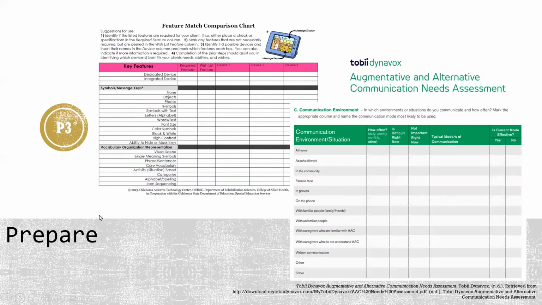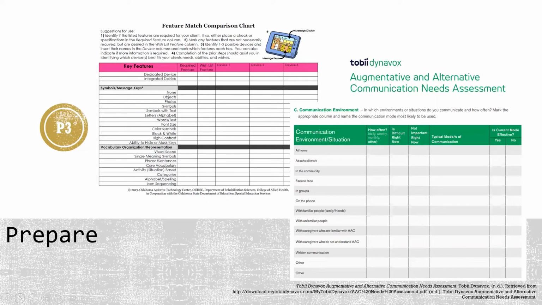So let's go a little bit more into that. There are a lot of feature matching comparison charts. And the idea here is that we want to figure out what features are needed in this AAC system, what the client needs. And then when we do our trials of our devices, noting what features the devices have and matching that, making sure that the system that we're recommending has those required features, or at least the majority of those required features that that client needs.